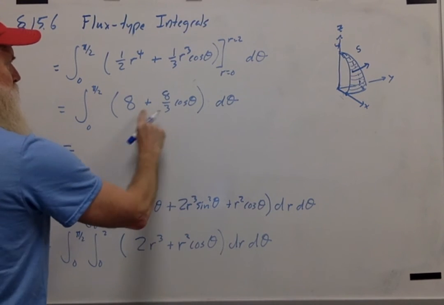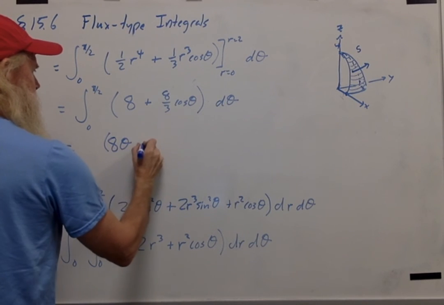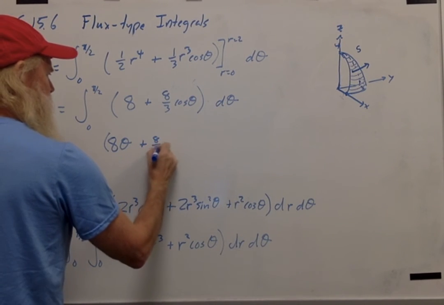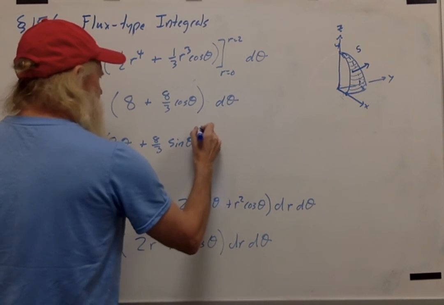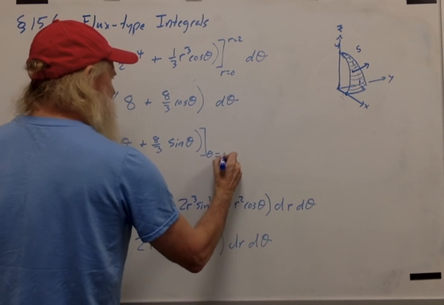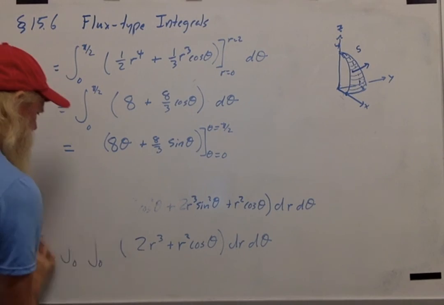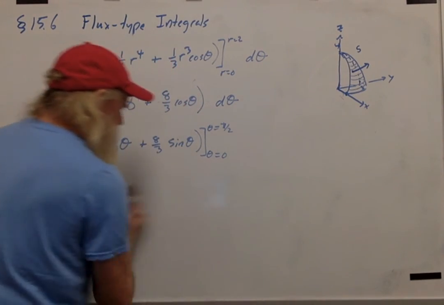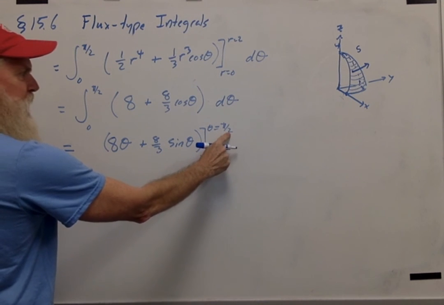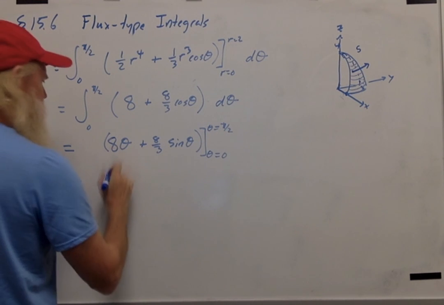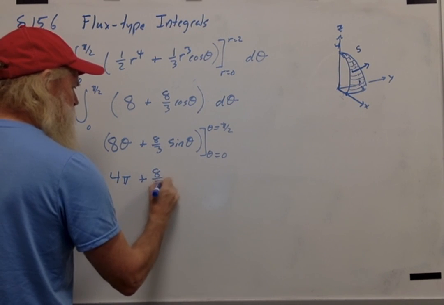So now let's integrate with respect to theta. The integral of 8 will be 8 theta plus 8/3. The integral of cosine theta is sine theta. And I take that from theta equals 0 to theta equals pi over 2, substituting theta equals pi over 2, I get 8 pi over 2, which is 4 pi, plus 8 thirds.